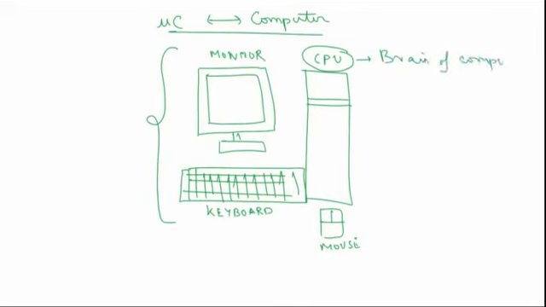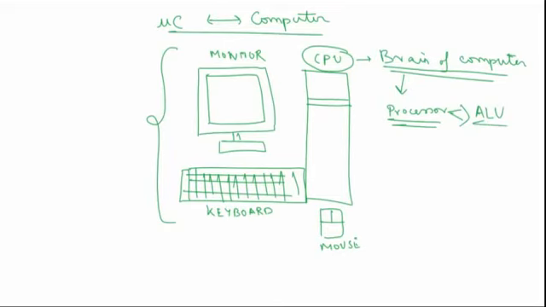Why is it called the brain of the computer? Because it houses the most important part in a computer, which is its processor. This processor performs all the arithmetic and logical functions in a computer. Means all the calculations, all the algorithms that have to be performed are performed here in the processor.